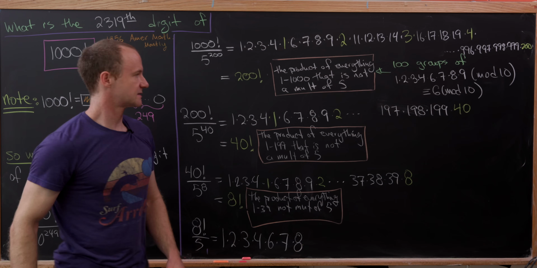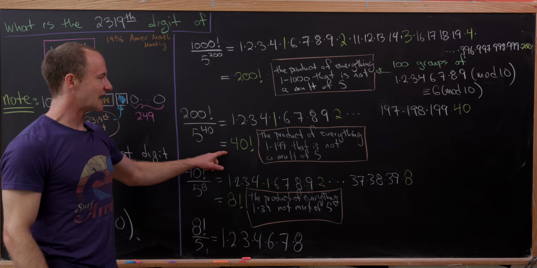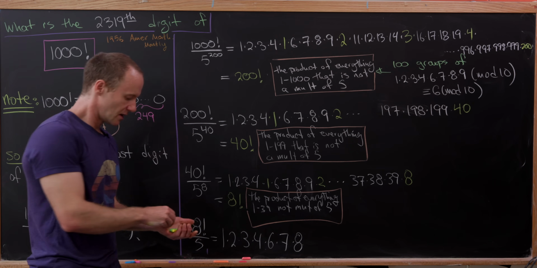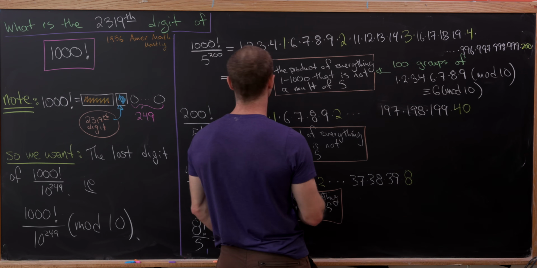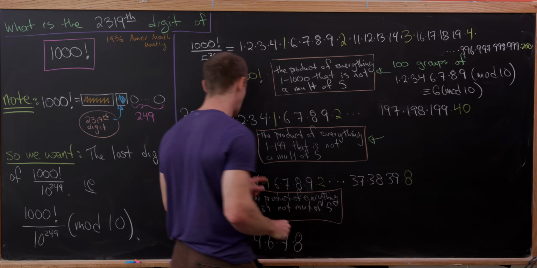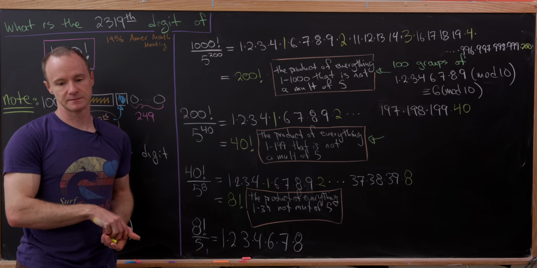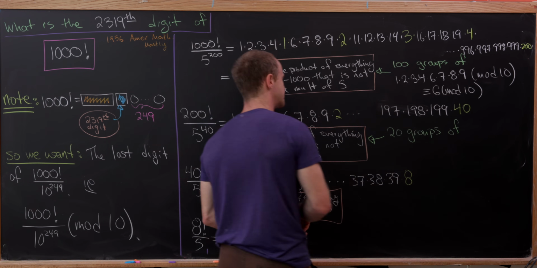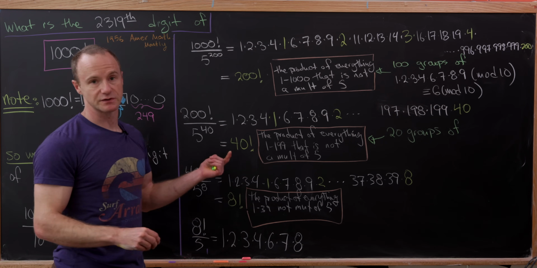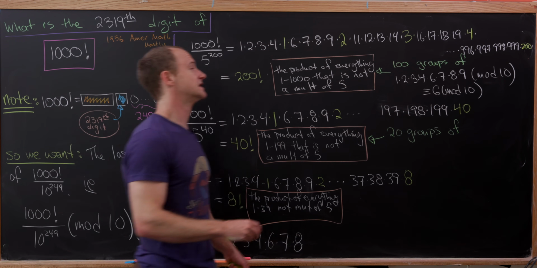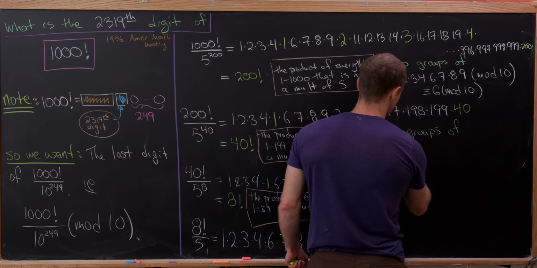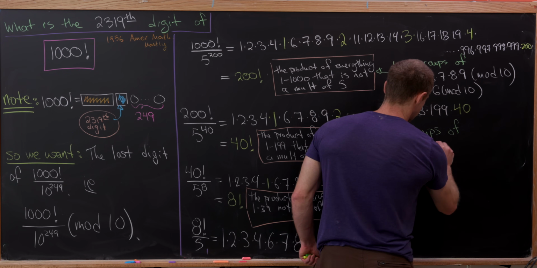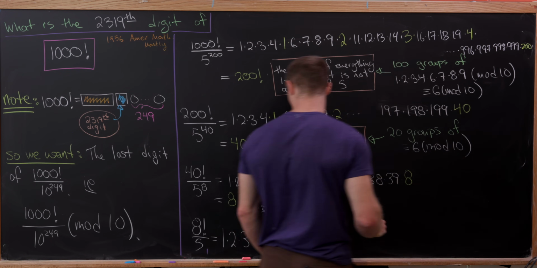Okay, nice. But then we're going to have the same kind of game right here, but we don't have 100 groups in this case. How many groups do we have now? We have 20 groups. So this is going to be 20 groups of 1 times 2 times 3 times 4 times 6, 7, 8, 9 mod 10, which we determined was 6 mod 10 before.